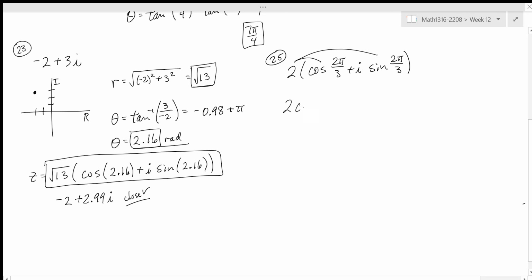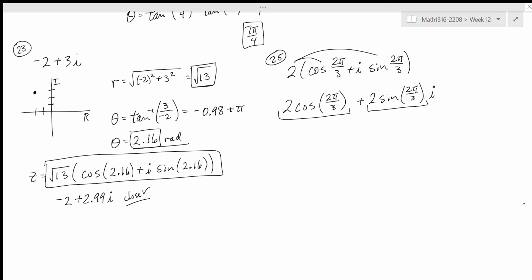That's going to be 2 cosine 2 pi over 3, and that can be calculated, plus 2 sine 2 pi over 3. That's going to have the I, but everything without the I can be calculated. So you can calculate those two pieces separately.